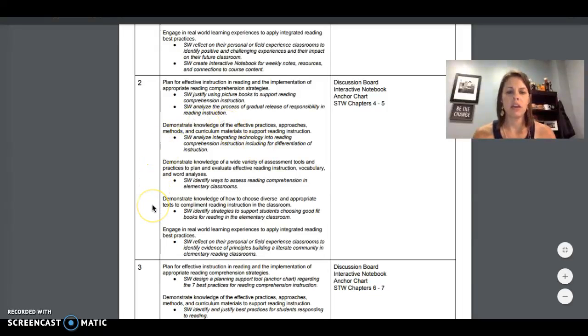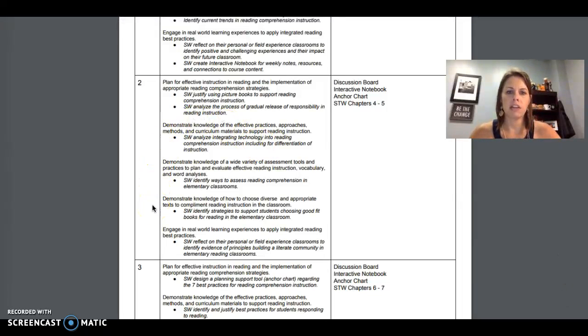This week we're going to focus on using picture books to support reading comprehension instruction, analyzing the process of gradual release of responsibility, analyzing integrating technology into reading comprehension, identifying ways to assess reading comprehension, identifying strategies to support students to find good fit books, and then reflecting on your experiences as they relate to principles of building a literate community in elementary classrooms.